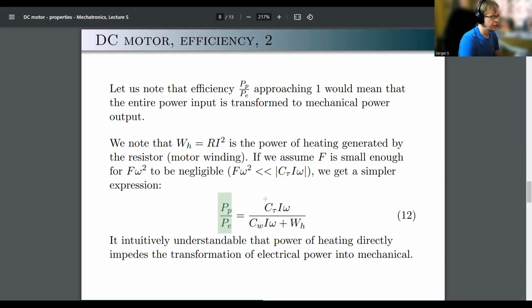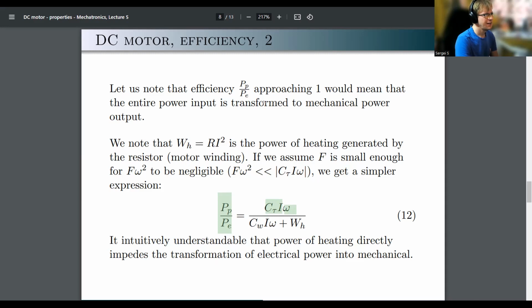Here, again, we have tau produced by the motor, associated with the current, and multiplied by omega. So this is mechanical power produced by the motor directly, not the power acting on the payload. By the way, now they're the same because we assume that the friction force is negligible. So that was a trick.